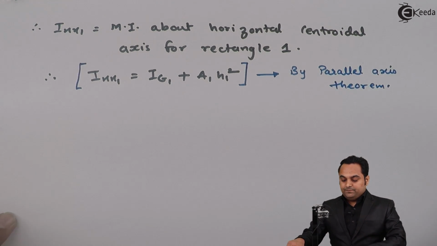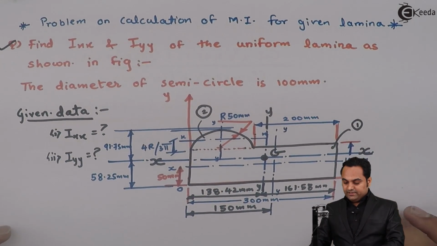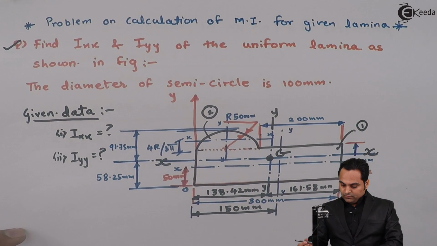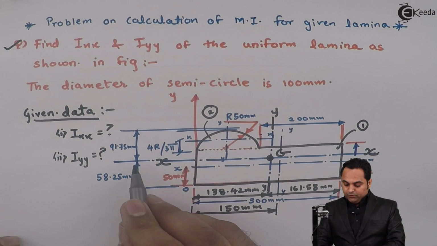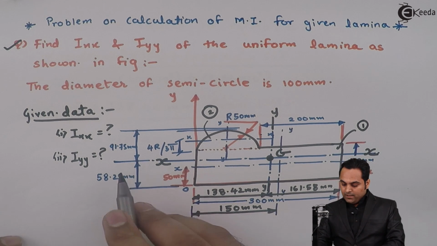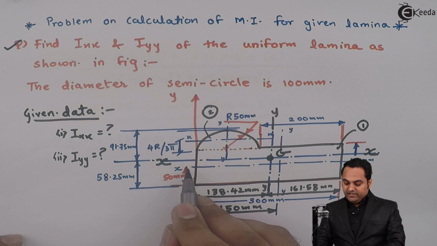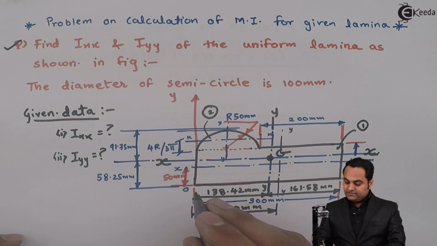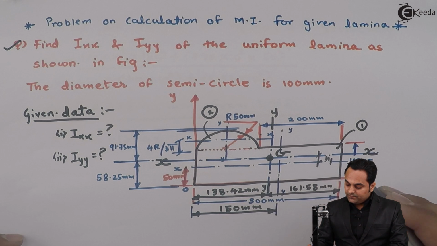Now why we are using parallel axis theorem is because if we look into the diagram here, the x-axis of the complete figure is at 58.25 mm from bottom, but if we look at the x-axis for rectangle 1, it is at 50 mm from bottom. So there is difference between the two axes, and that difference is called as h1.